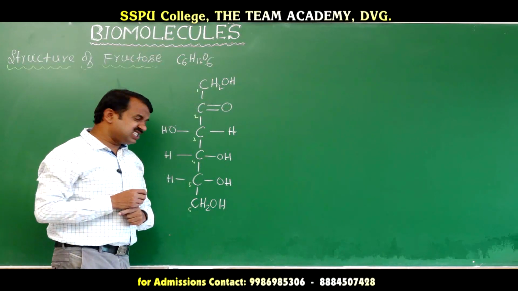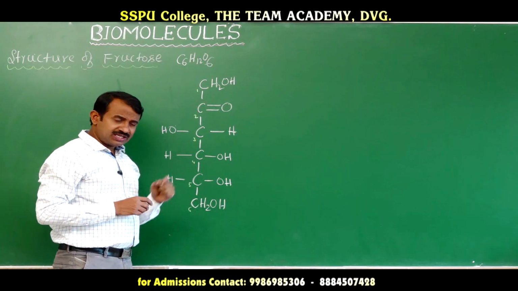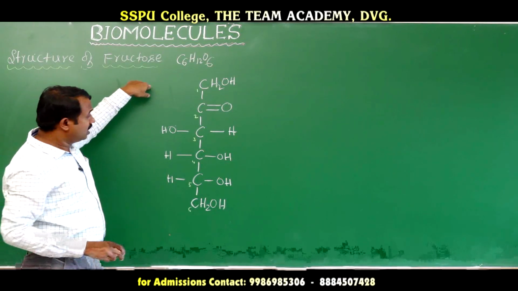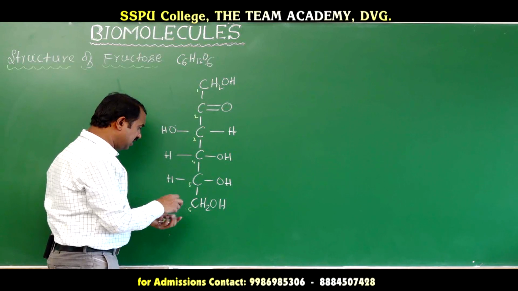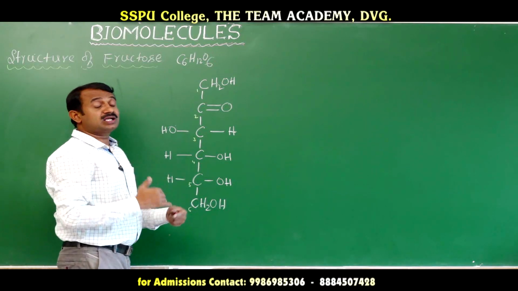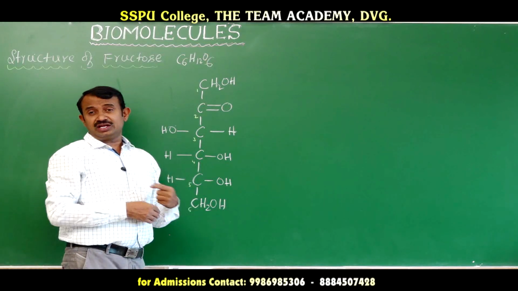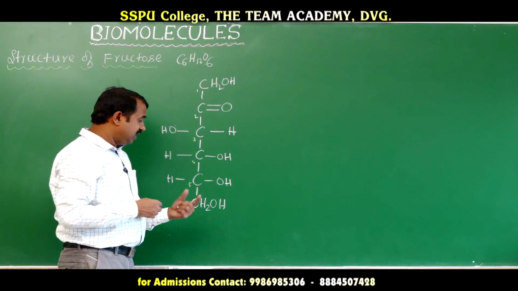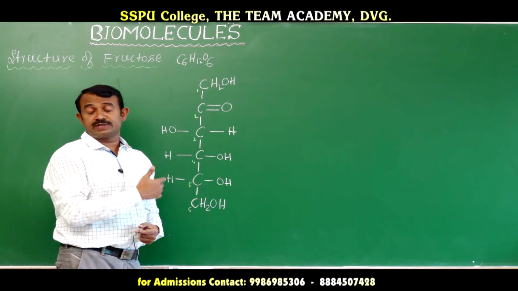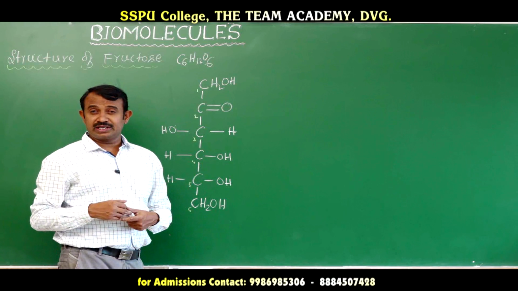Next, this is also the cyclic structure of fructose. The cyclic structure of fructose means we will go for the furan structure. Here also the fifth carbon has OH on the right side, so it is D. But fructose is levorotatory, with a negative rotation, whereas alpha glucose and beta glucose are dextrorotatory, with a positive rotation.